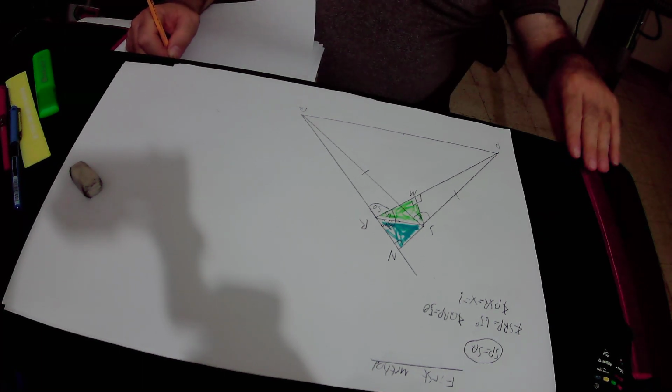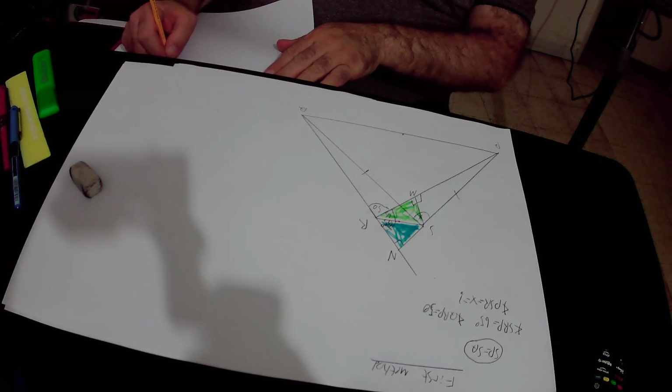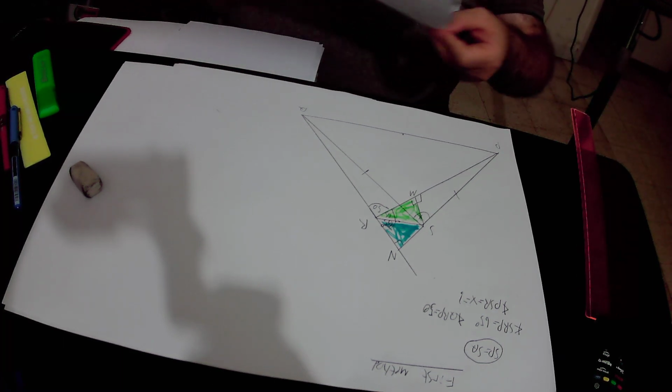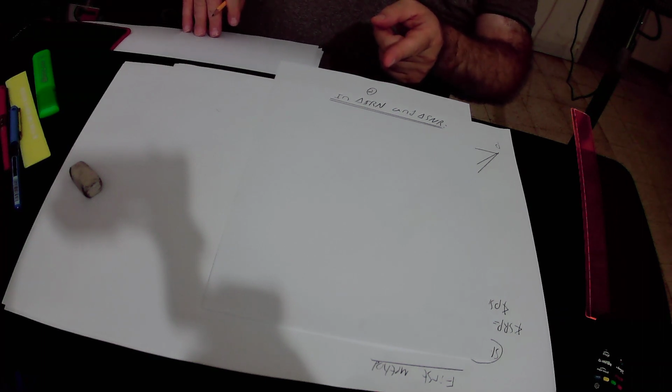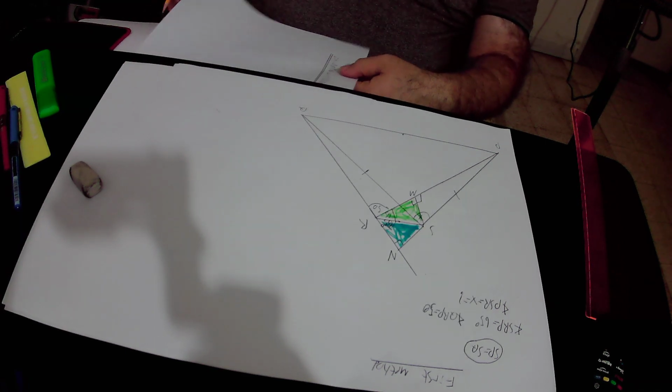And we will prove that the green triangle is congruent to the blue triangle. Again, we will focus on the green triangle SRM and the blue triangle SNR.